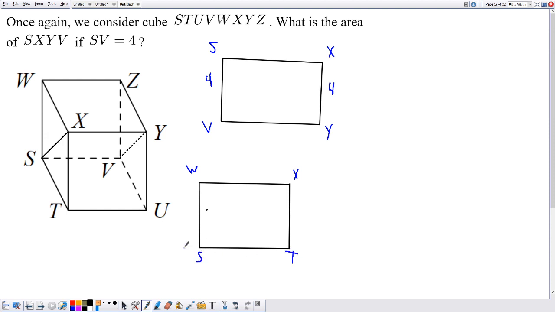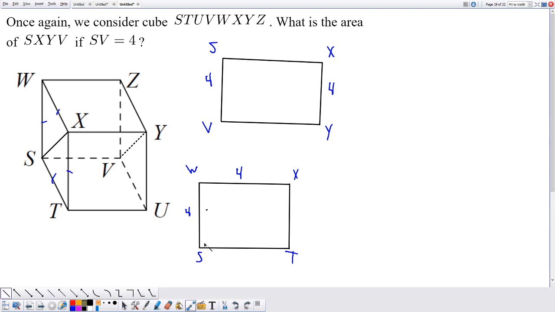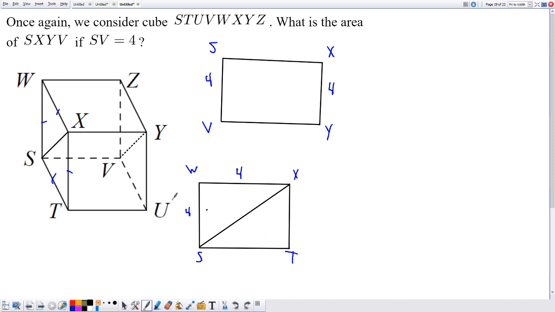WXTS, which we know all the sides are 4, because that's the face of the cube. All these sides here must be the same. What I am interested in finding is SX, the diagonal. I want to find out what this length is, because that corresponds to the SX in my other rectangle.